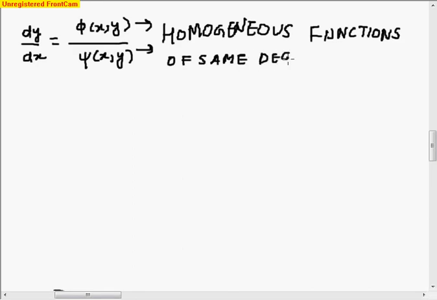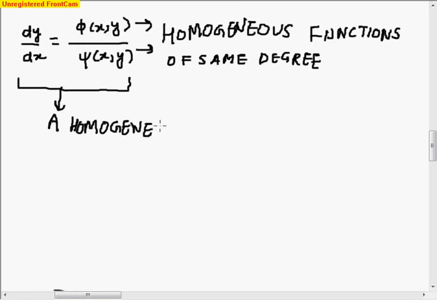If the differential equation is of this form, it is called a homogeneous differential equation.